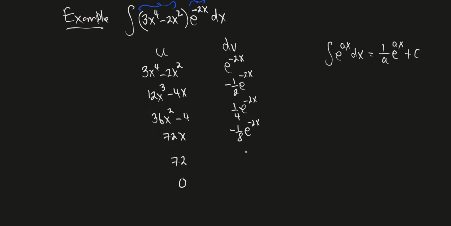A fourth time, positive 1/16 e to the negative 2x. And then finally, the fifth time of integrating, we end up with a negative 1/32 e to the negative 2x, right? So now we have all the pieces that we need.